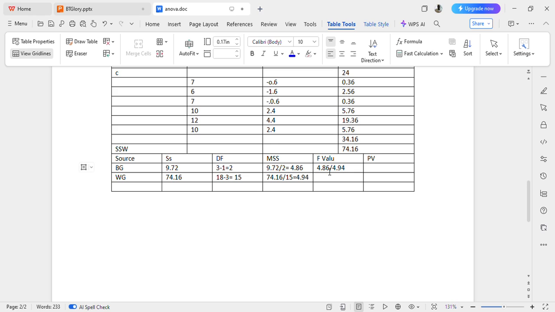Second division, 4.86 divided by 4.94. It's giving us 0.98.